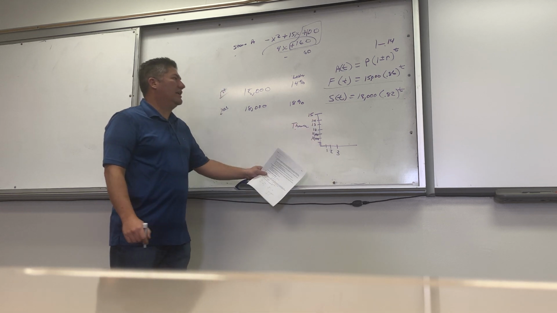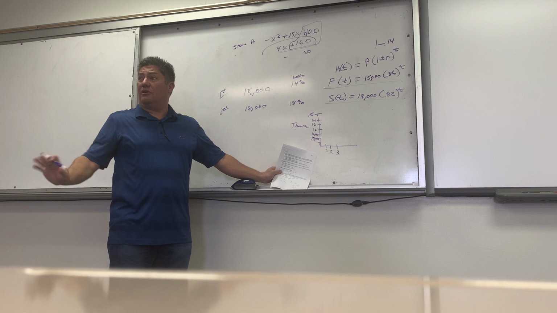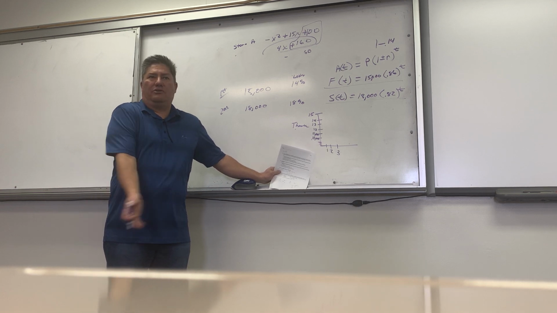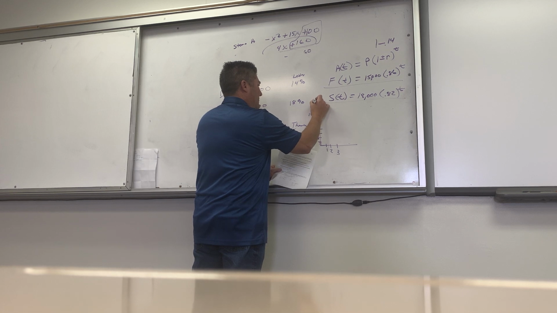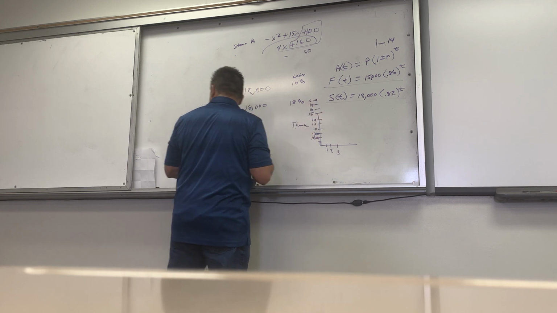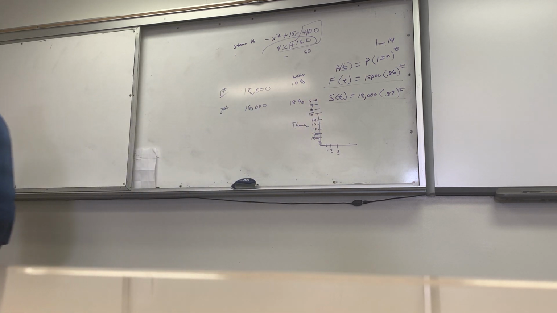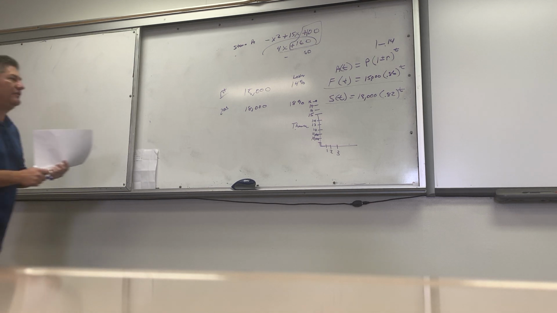Okay, at year 0, how much is the truck worth when you originally buy it? 18,000. One of them is 15 and one of them is 18. 15, 16, 17, 18. So there's the 18. Let me get another marker here, and I'll do the other one in black for the 15.